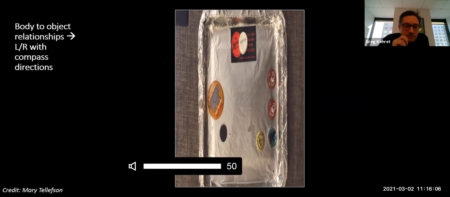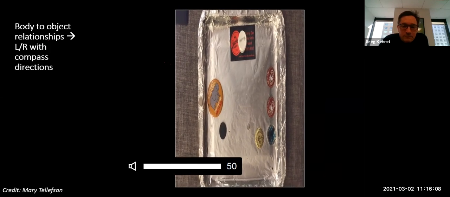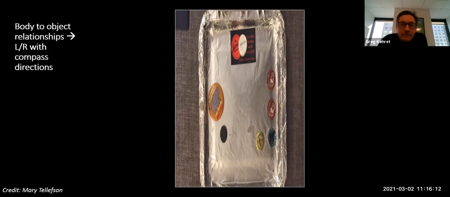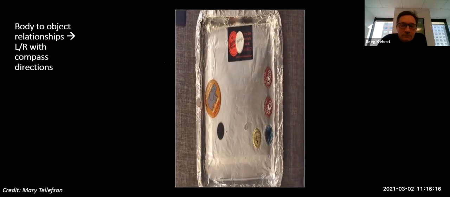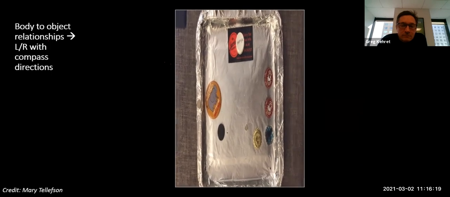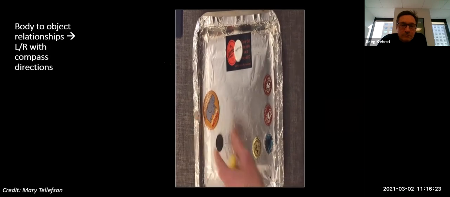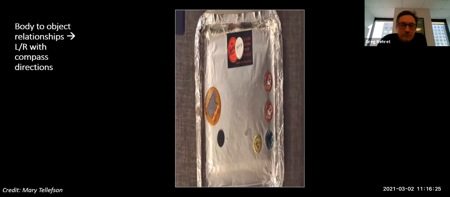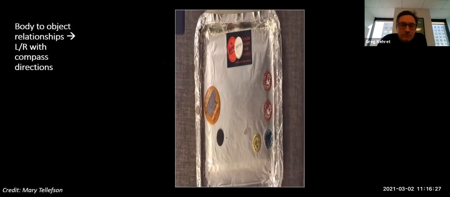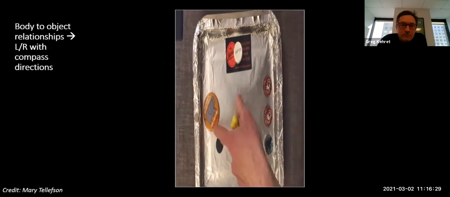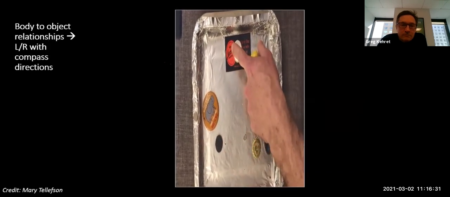This video is a short demonstration of one activity that can be done with a magnet map to help teach body-to-object relationships with cardinal directions. Okay, I've got my living room map here. At the top end, we've established that this little magnet indicates north. There are other magnets that represent the baby swing, the wardrobe closet, the fireplace tiles, and the pack and play.